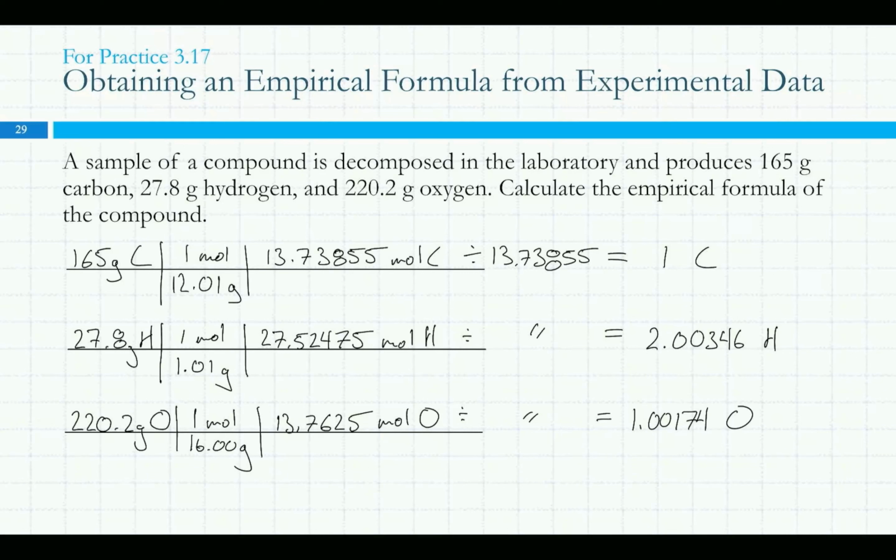All right, I don't expect you every time to write out all of those decimals. Just doing it here to illustrate the fact that, is that closer than 0.2 to a whole number? Yeah, that's basically exactly 2, right? And same with the 1 here. So you might even notice before dividing on a problem like this that 27.5 looks like it's about twice as much as 13.73855. So you just write 2. So we can drop all of those decimals. So that means that we have 1 carbon, 2 hydrogens, and 1 oxygen.